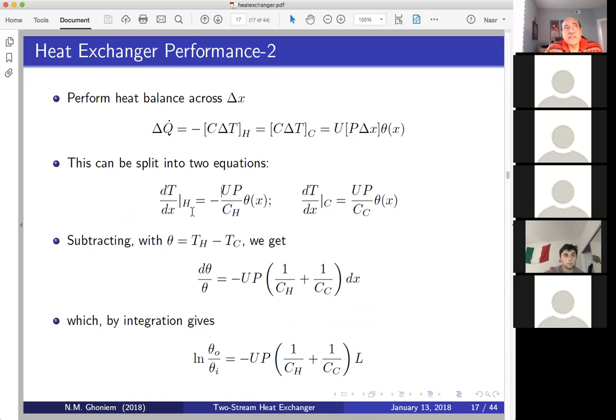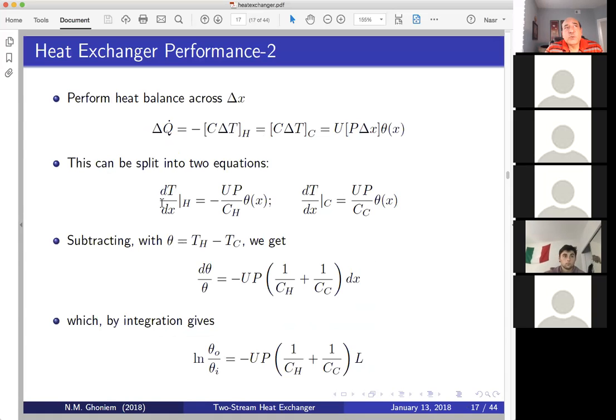So I have dT by dx hot equals minus UP over C hot times theta. Now if I take this term, equate it to that term, I can derive another equation, dT by dx cold equals UP over C cold times theta.